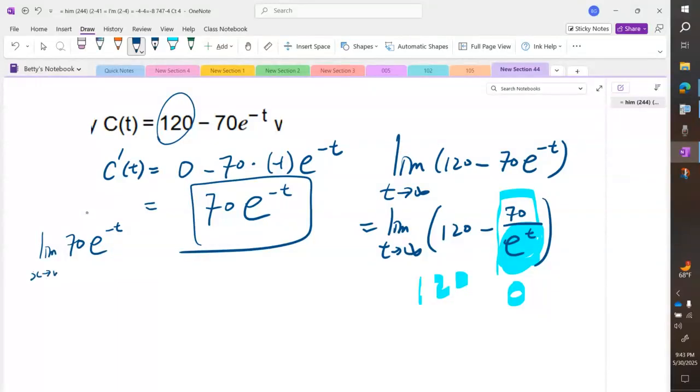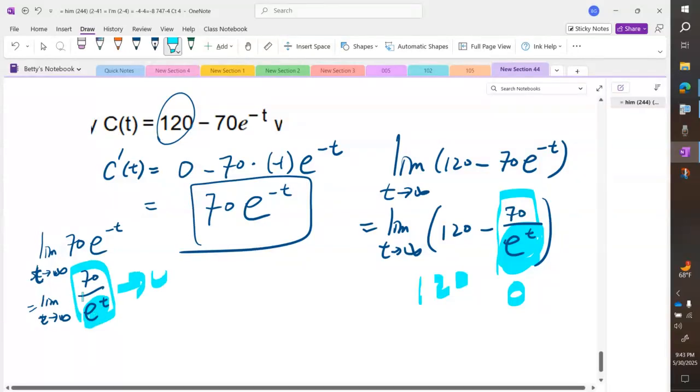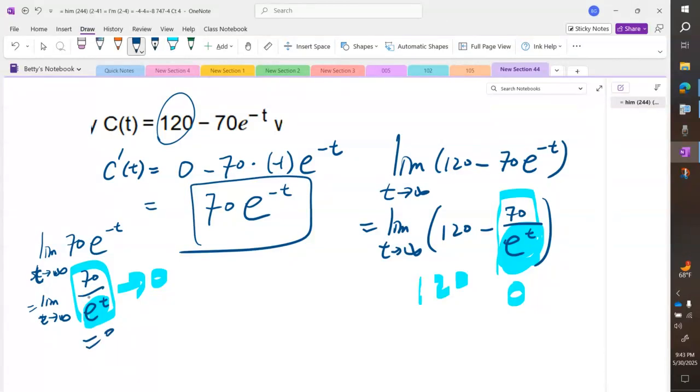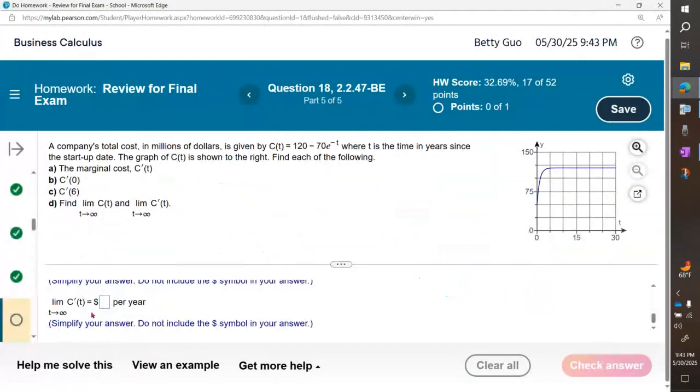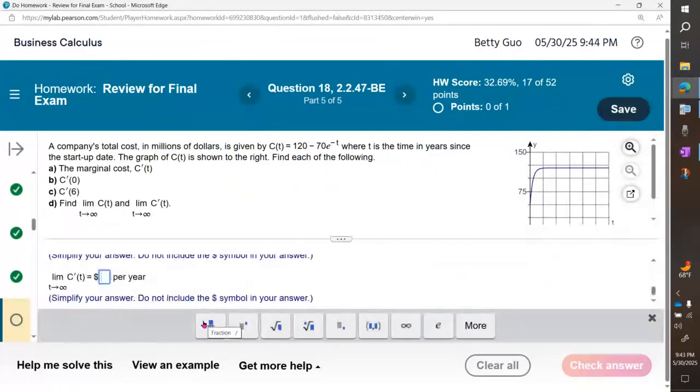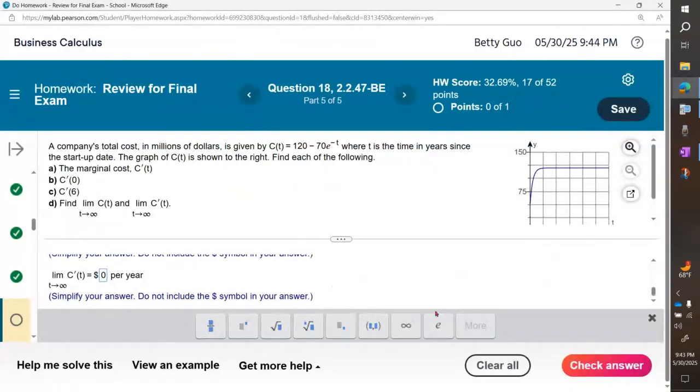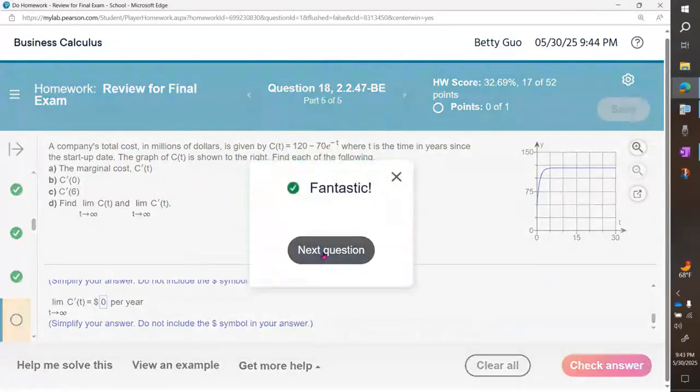I can rewrite the function as 70 over e to the power t. When t approaches infinity, the denominator approaches infinity, so the quotient approaches 0. So the limit is 0. Marginal cost 0. It doesn't go up anymore at a certain point.